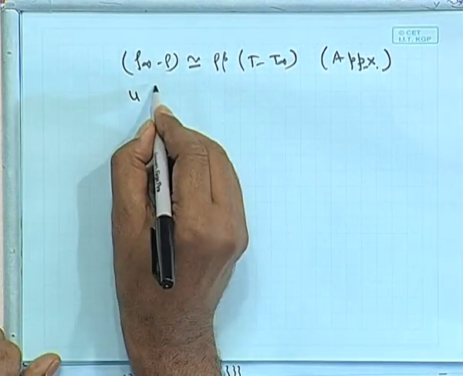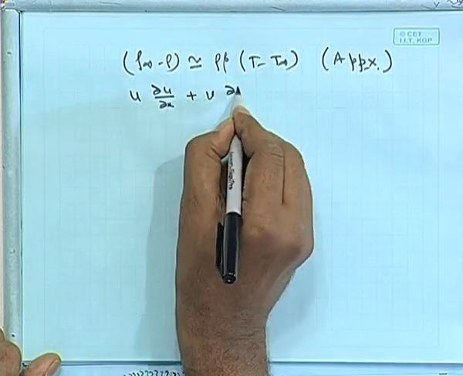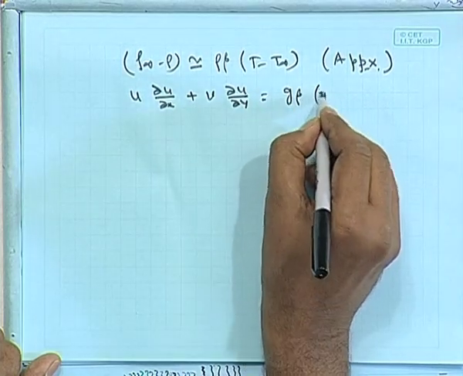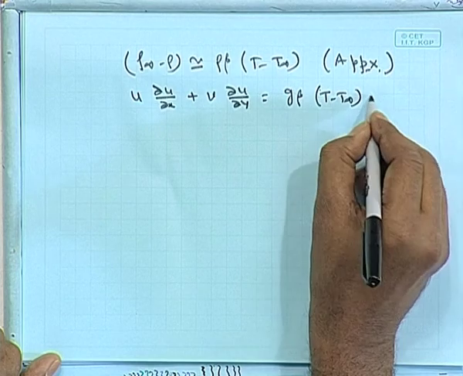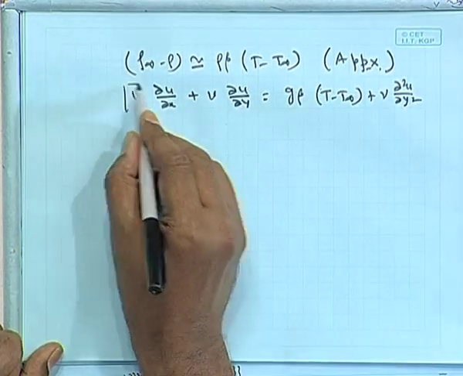So your x momentum takes this form: u del U del x plus v del U del y equals g beta times T minus T infinity plus nu del square U del y square.